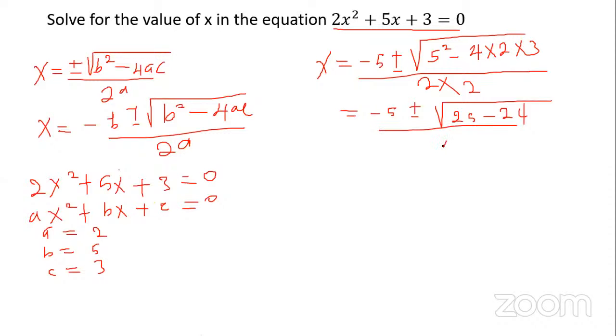Then we divide this by 2 times 2, which is 4. What is 25 minus 24? 1.